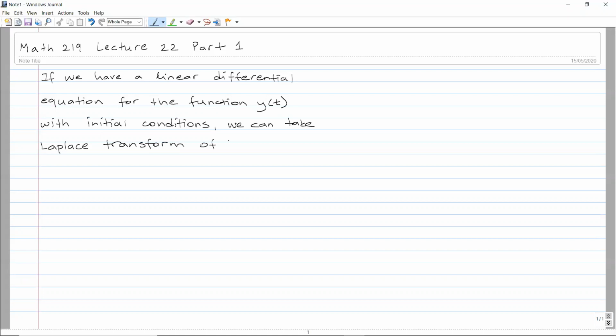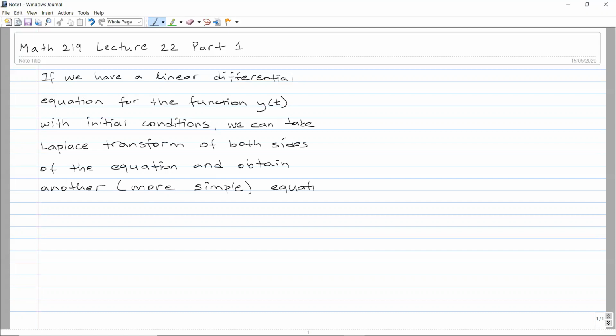of both sides of the equation. And in this way, we obtain another equation, and hopefully simpler, another more simple equation.